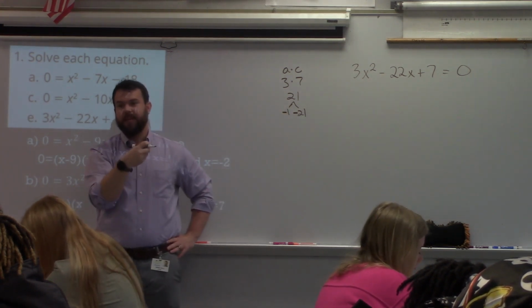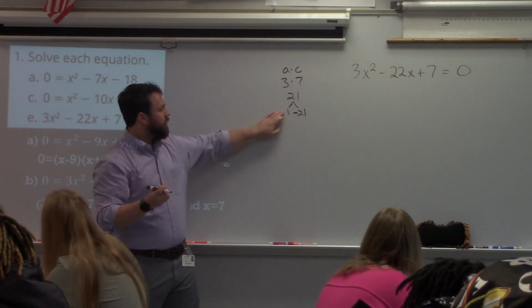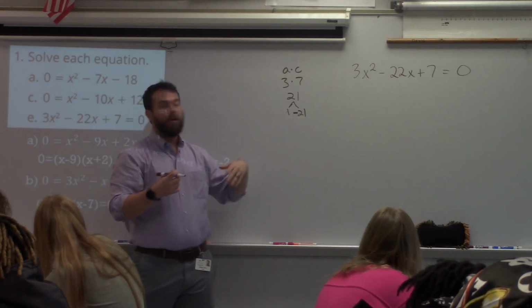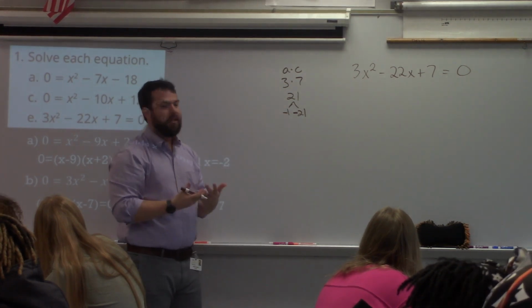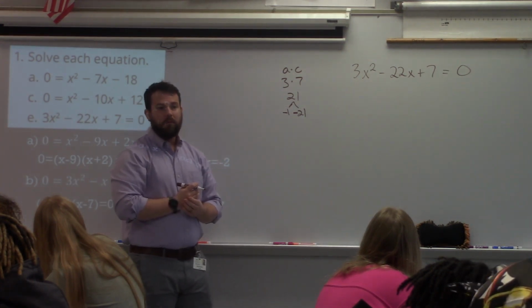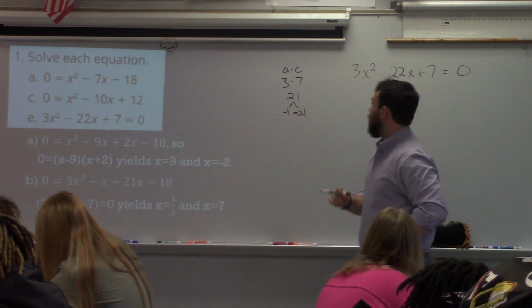They actually need to multiply to give us a positive 21, right? If one was positive and one negative, would that multiply to give me a positive 21? No. When the product is positive, they both have to be the same sign, and they both need to be negative so they add up to -22. And I will remind you, it doesn't matter what order you put these in. It'll work out the same either way.